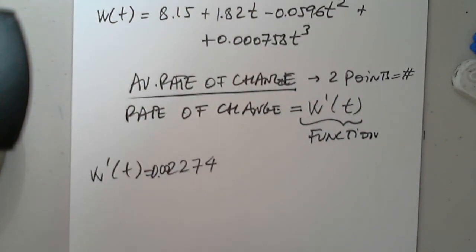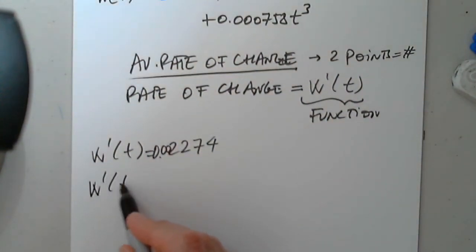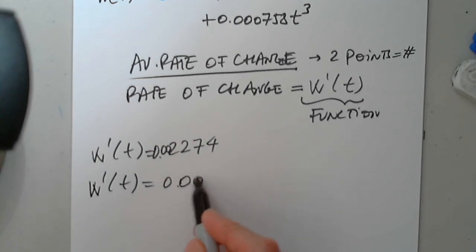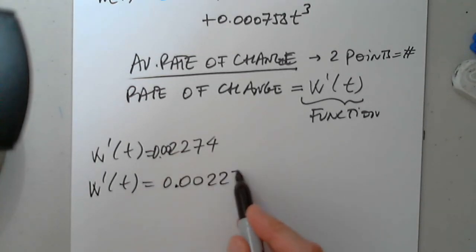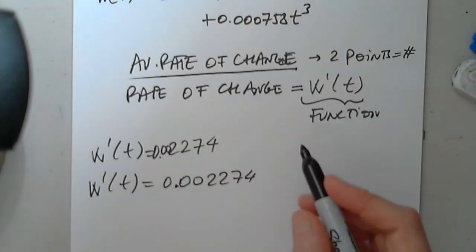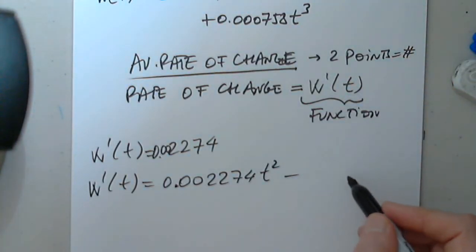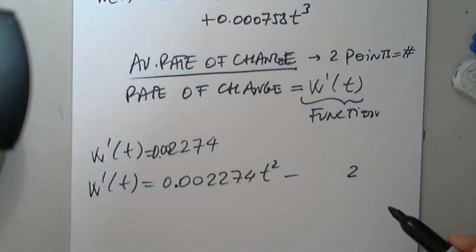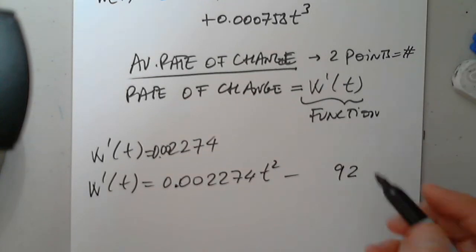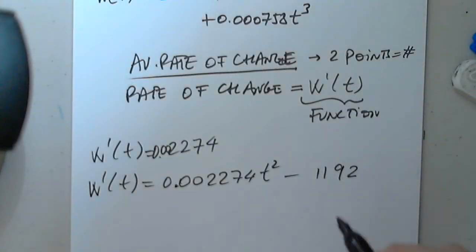It's not clear. I'm going to write it again. Sorry. I'm going to erase that. Okay, t squared minus, what do I have? 2 and 1, 9 and 1, 1, 1 and 0 point.